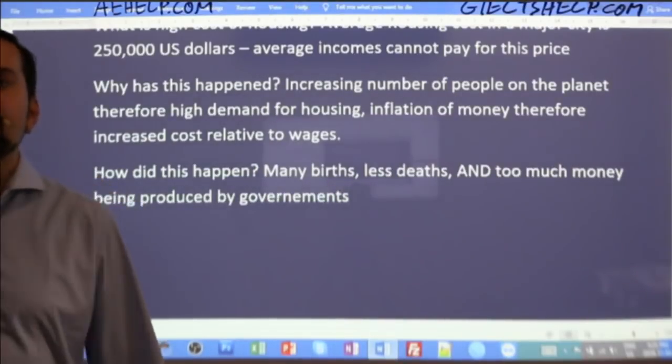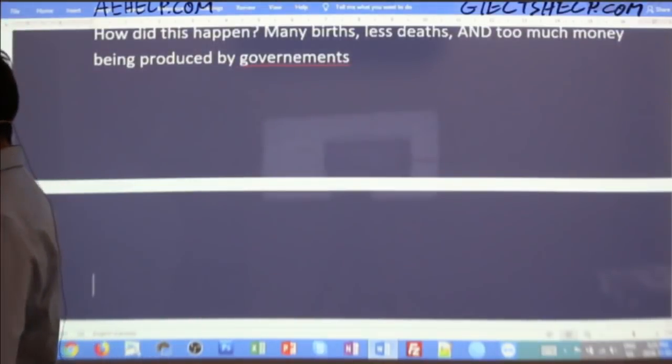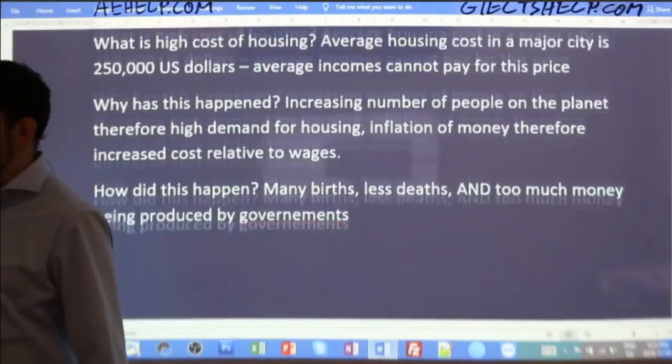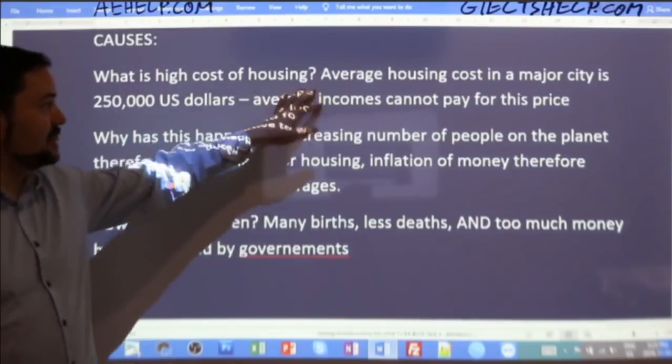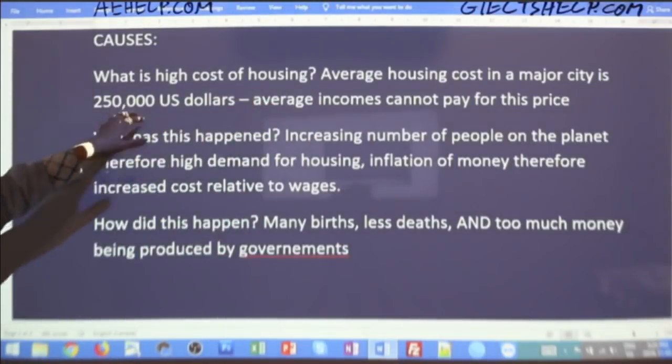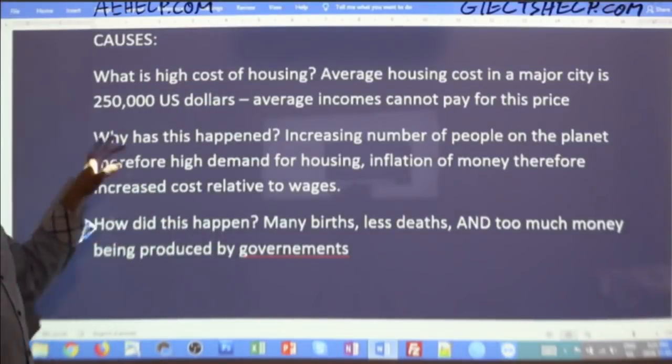All right, now, okay, so there we have the what, why, how. Now you need to think about the solutions, what, why, how. Okay, so now that we thought about the what, why, how for the causes, so what is the high cost of housing? Average housing cost is $250,000 US in a major city. Average incomes cannot pay for this price.